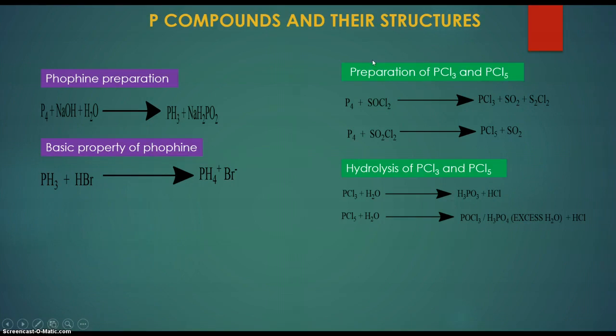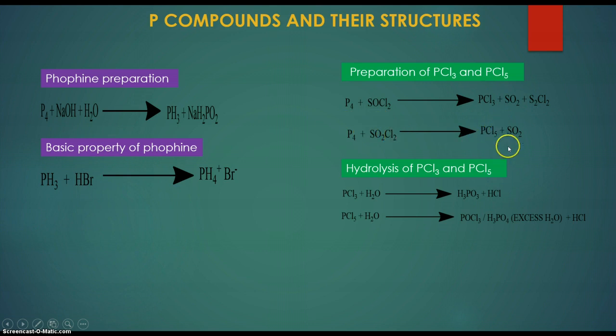Now we are coming to the preparation of PCl3 and PCl5, which are other compounds of phosphorus. PCl3, phosphorus trichloride, is basically obtained by reacting white phosphorus with thionyl chloride, SOCl2, forming PCl3 with the liberation of sulfur dioxide. Now PCl5, phosphorus pentachloride, is obtained by reacting white phosphorus with sulfuryl chloride, SO2Cl2.